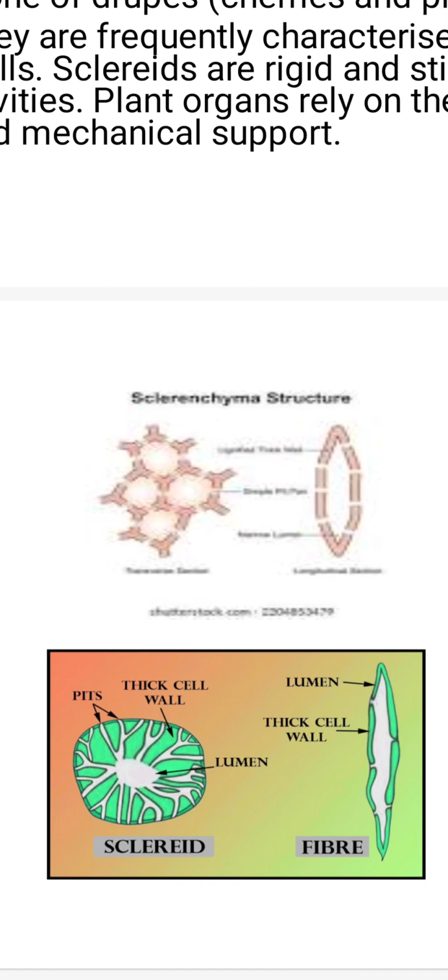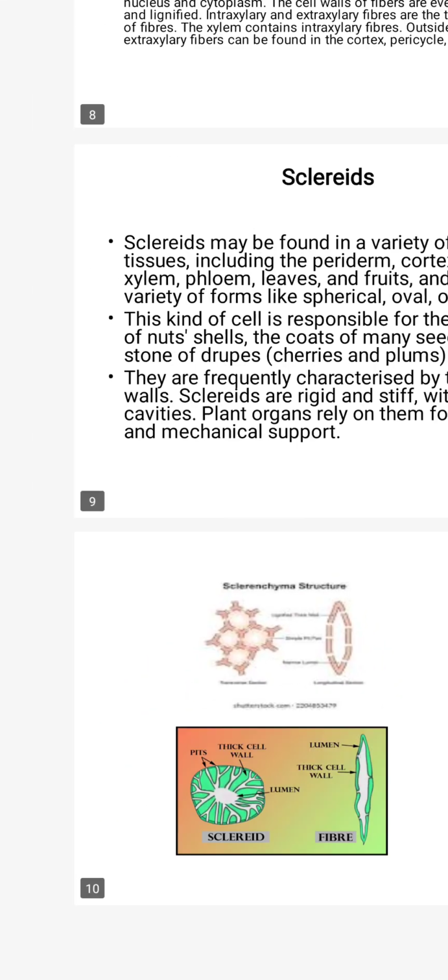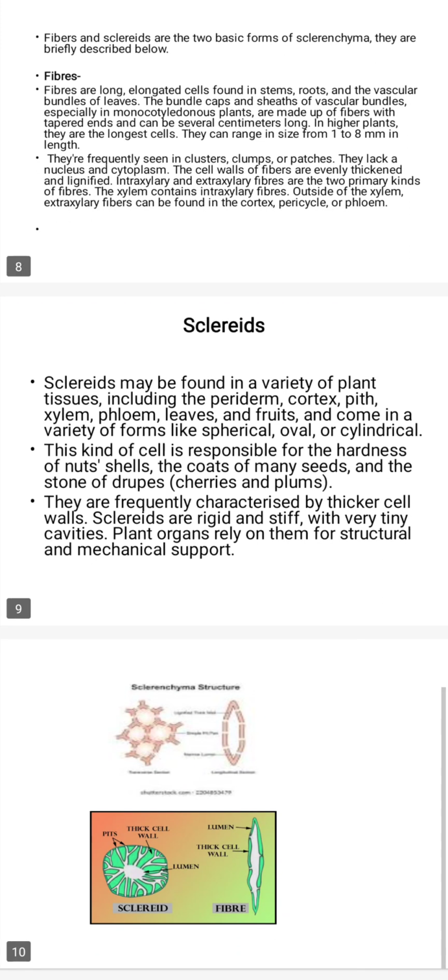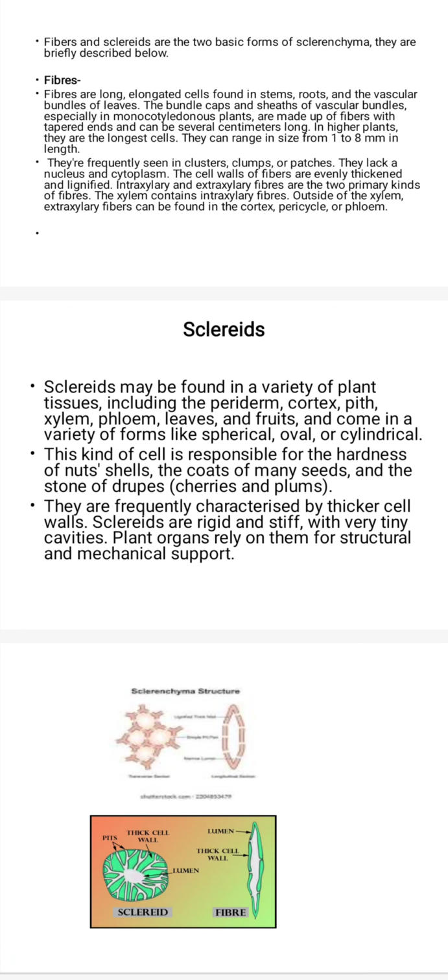Sclerids, they are the stone cells actually. Stones of fruits, like what we call stone fruits, or you can say shells, nut shells. Okay, the coats of many seeds and custard apple seeds. The coat of the seed is very hard.